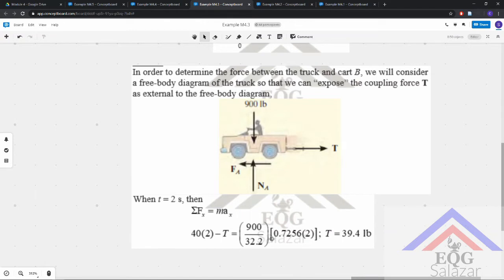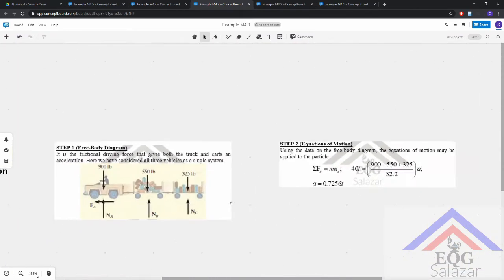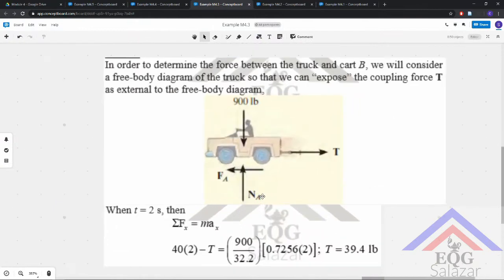Since we already determined a as a function of time, we cannot just apply this straight out of the box. We have 40 times 2 minus T, because 40T is the driving force of truck A, minus T times 900 over 32.2 times 0.7256 times 2, that's the acceleration, and solving for T will give you 39.4 pounds.